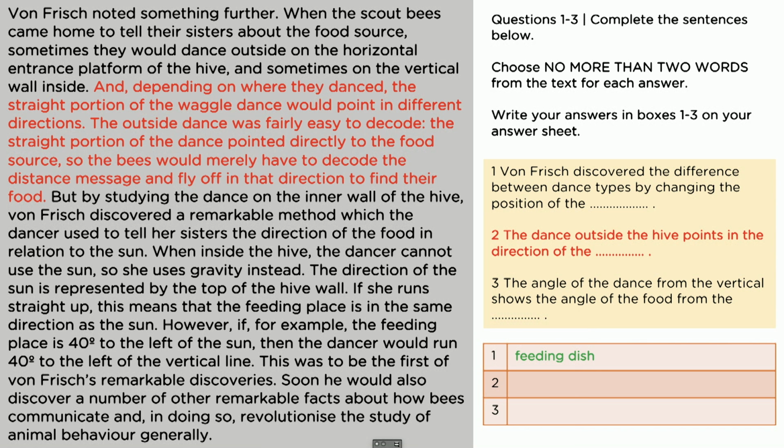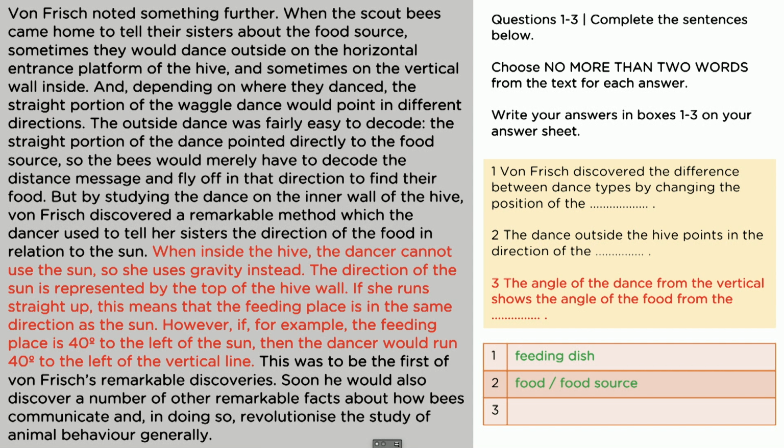The straight portion of the dance pointed directly to the food source. So the bees would merely have to decode the distance message and fly off in that direction to find their food. The dance outside the hive points in the direction of the food or food source. Both are correct.